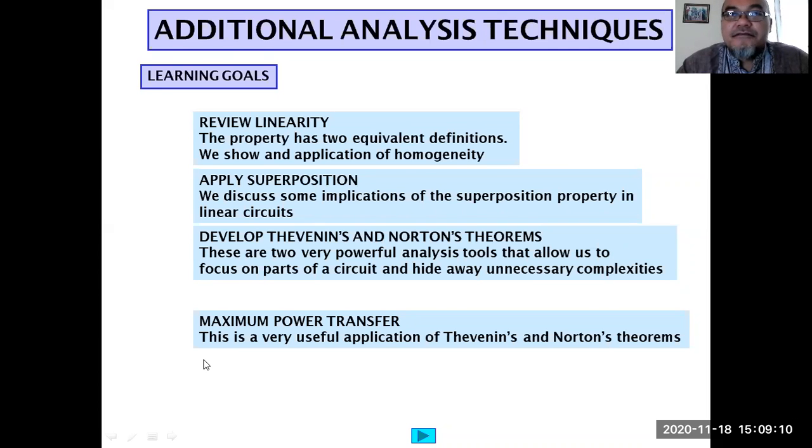Then we have learned also one of the most important laws in circuit analysis, Kirchhoff's law, which consists of two basic laws, Kirchhoff current law and Kirchhoff voltage law, KCL and KVL.